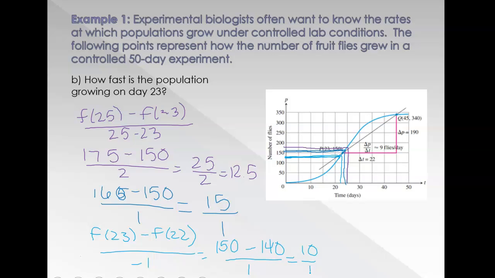And we get 10. So again, you're predicting. It's hard to get precise, but we could say on average, there's probably 13-ish flies growing per day at 23, because we had 12, we had 15, and we had 10. So you get like the average of all three.